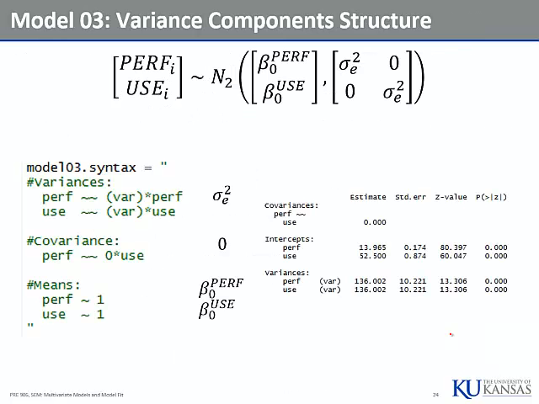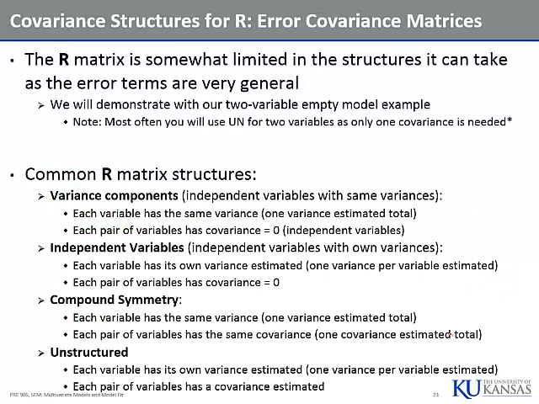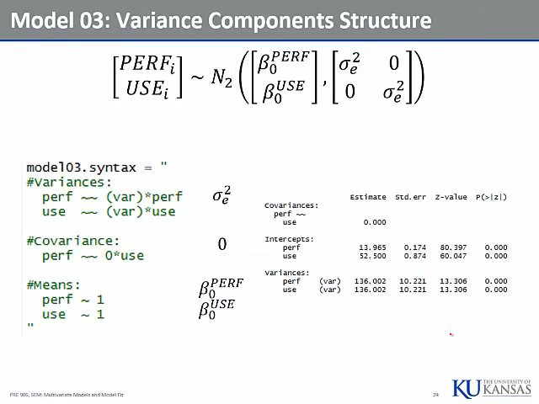Anyway, I'm going to show you each of these just in the context of these are 3 different structures. To use the analysis, we have to compare it to the unstructured model to see that it fits. Here is model 3, variance components. This is the model where the variances are constrained to be equal.